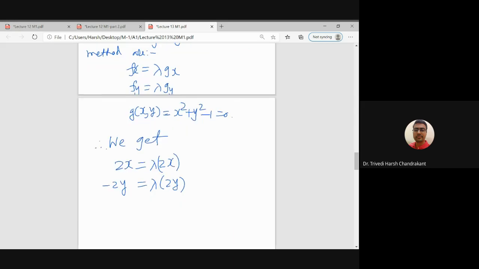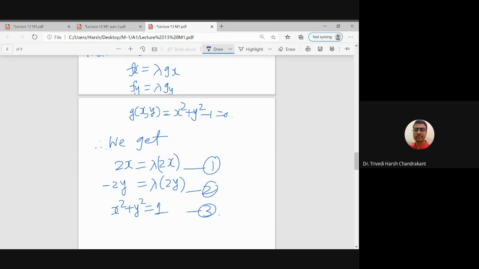The third equation is the unit circle. So we need to solve these three equations and find all the possible values of x and y which satisfy them.